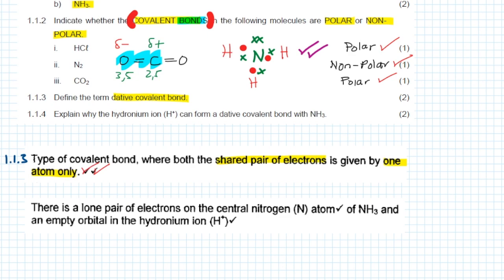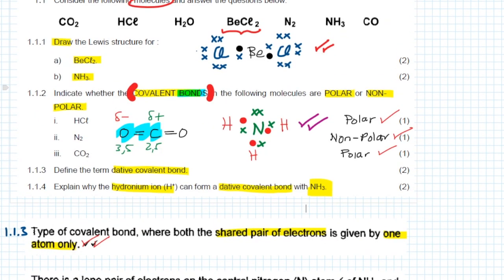On to question 1.1.4, which says, explain why the hydronium ion, that is H+, can form a dative covalent bond with NH3. Now, if you go and take a look at the videos that were created on the Junior Techie website for the chapter on atomic combinations and molecular structure, you're going to see that there's quite a lengthy or detailed explanation of what a dative covalent bond is.